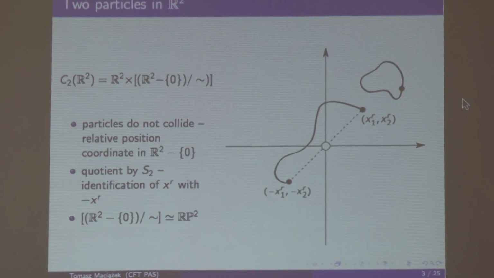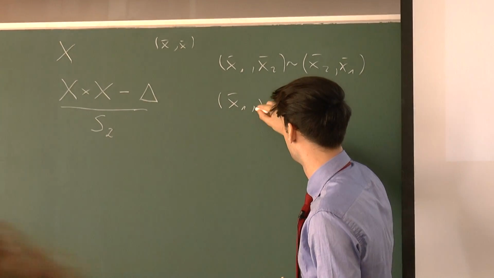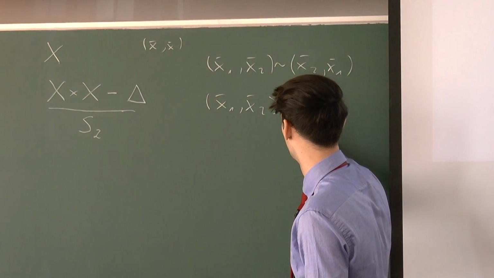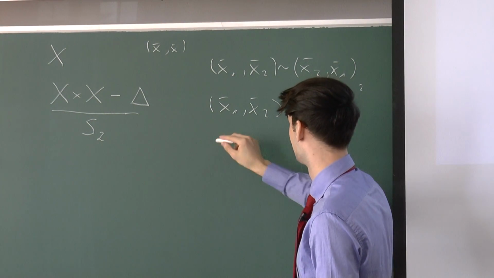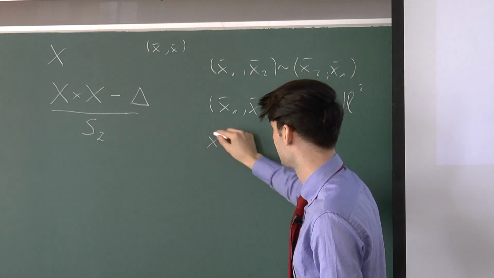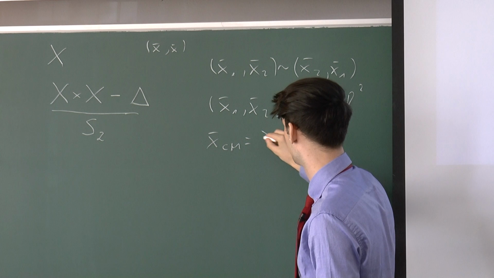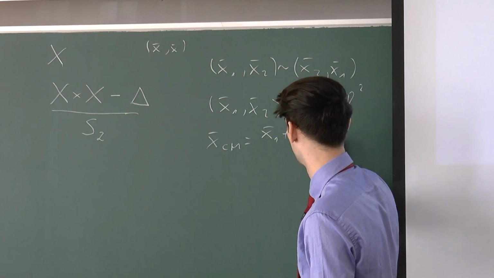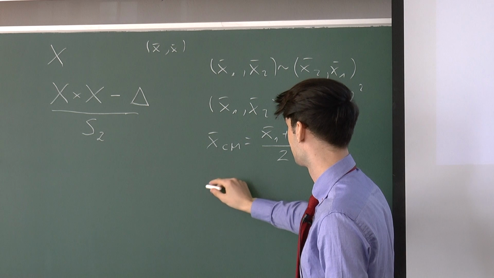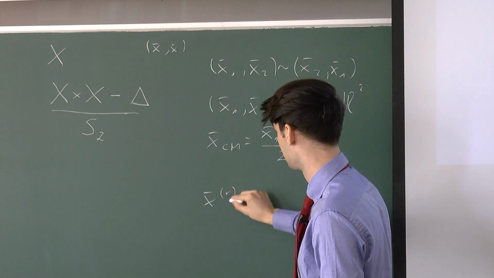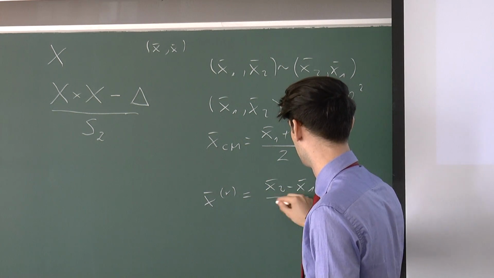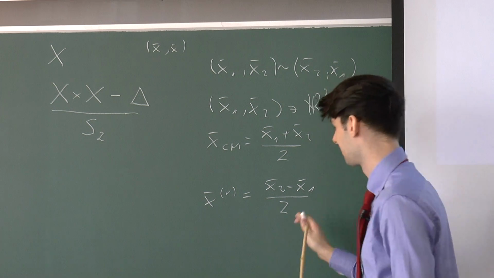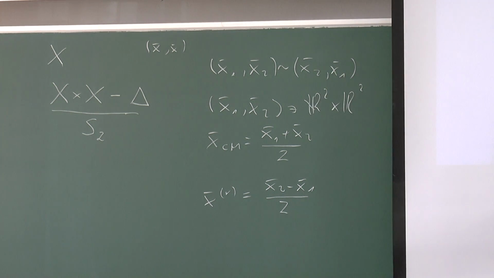When we have vectors x1 and x2 in R2, then we can extract the center of mass, which is (x1 plus x2) over 2, and also a relative position, which is x2 minus x1, maybe not over 2, but modulo some factor. It's the difference of the two positions.